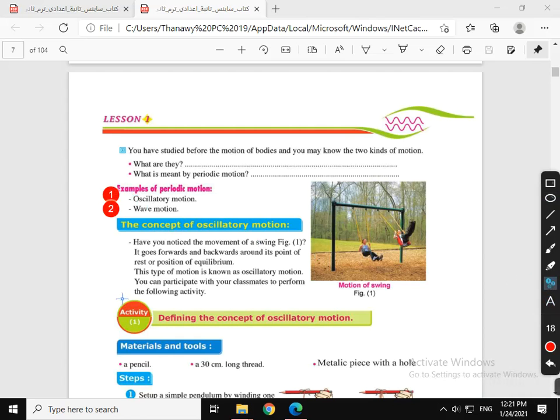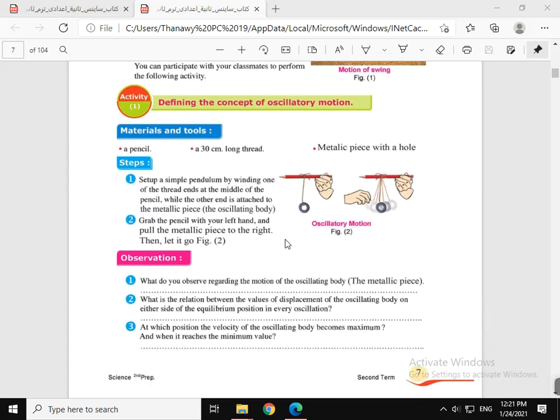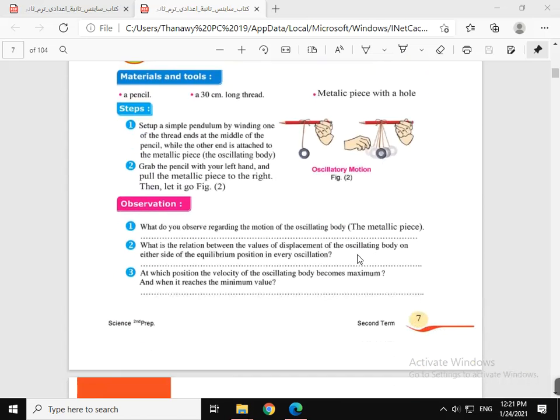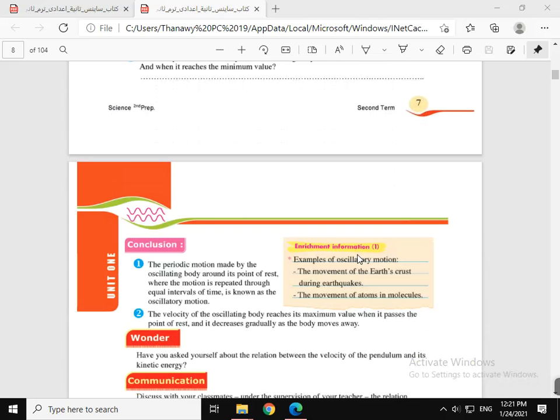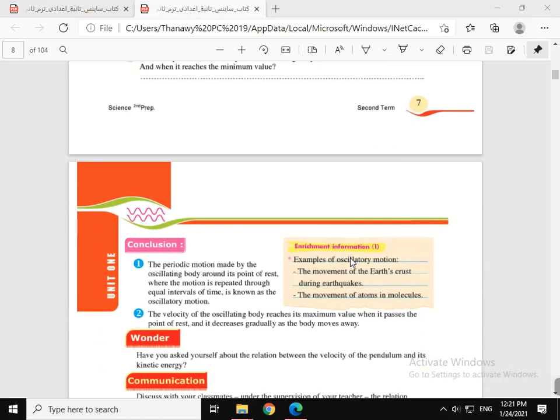To know the concept of oscillatory motion, we have the following experiments. Like a movement of a pendulum, and in this movement, the periodic motion is made by an oscillating body around its point of rest.